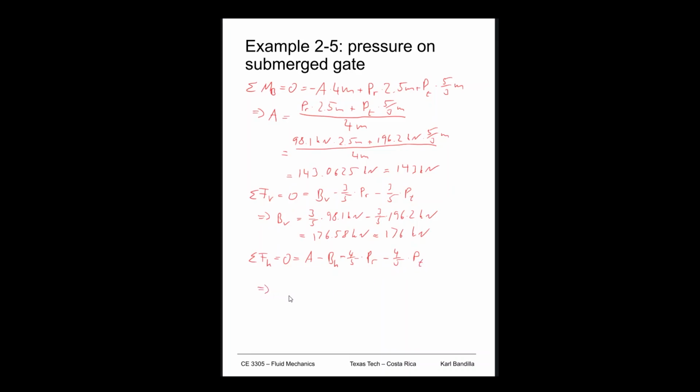That means we can get BH is equal to, bring BH over, so everything here stays the same, A minus 4/5 PR minus 4/5 PT. And we plug all those numbers in.